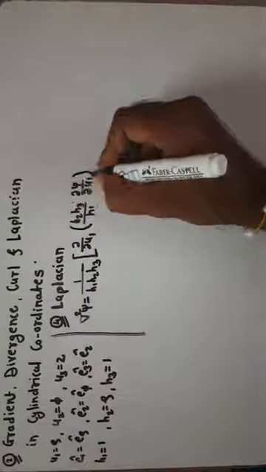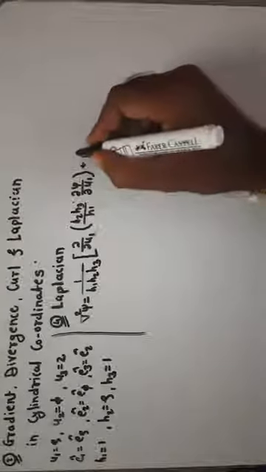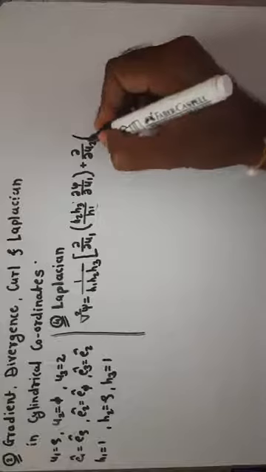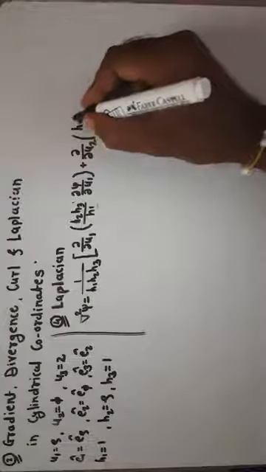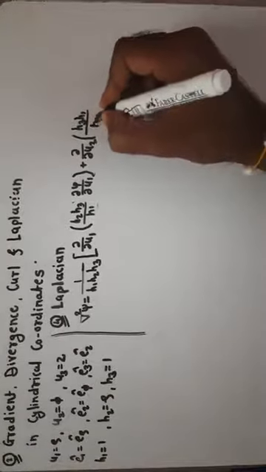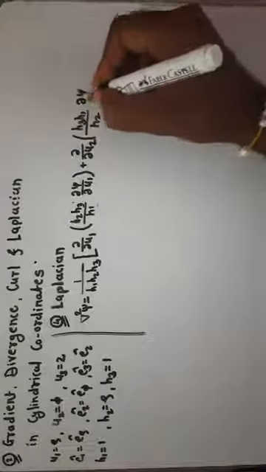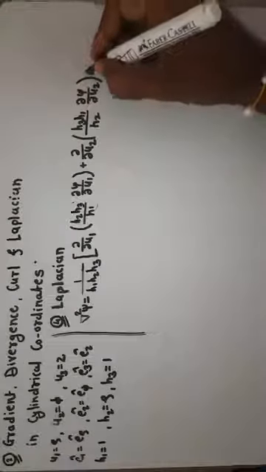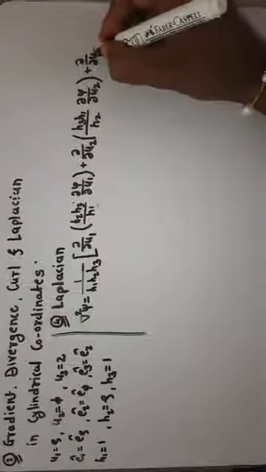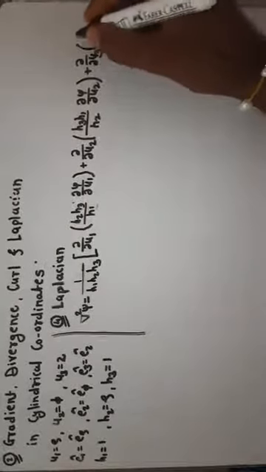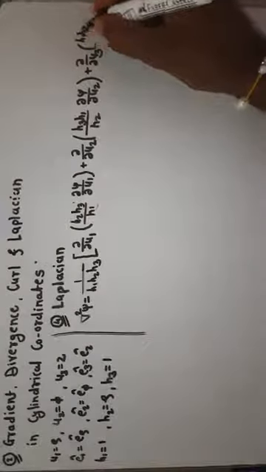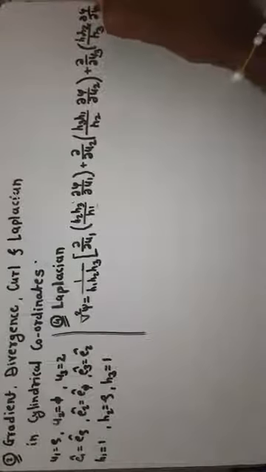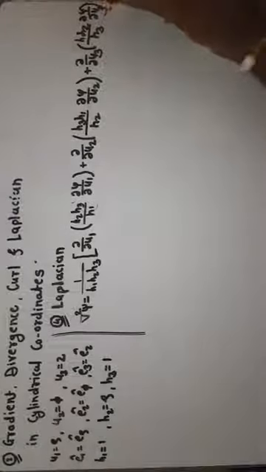Okay, plus dou by dou u2 (h3 h1 divided by h2) dou psi by dou u2, plus dou by dou u3 (h1 h2 h3 dou psi by dou u3), whole bracket complete.